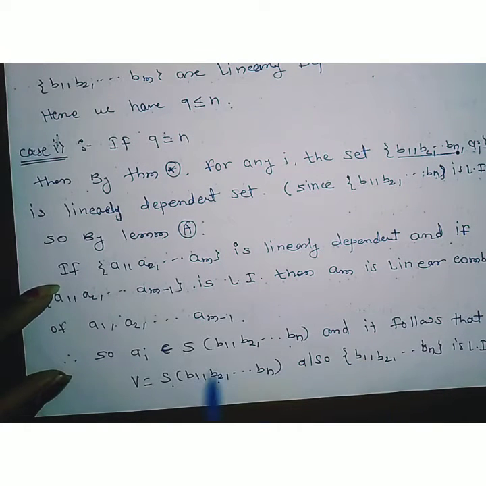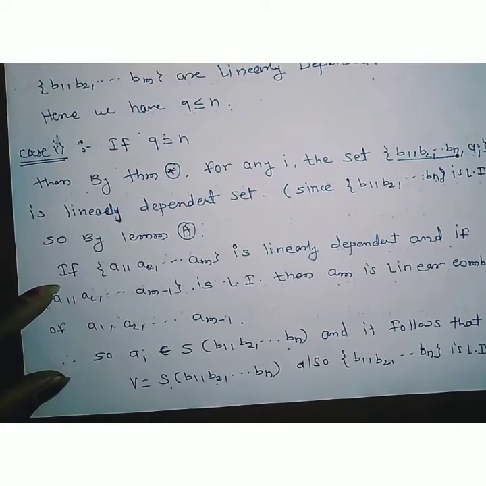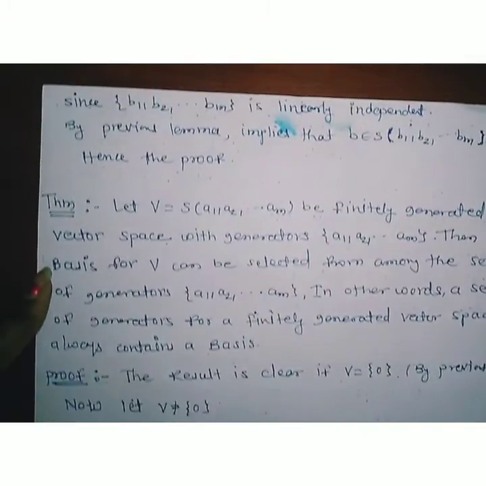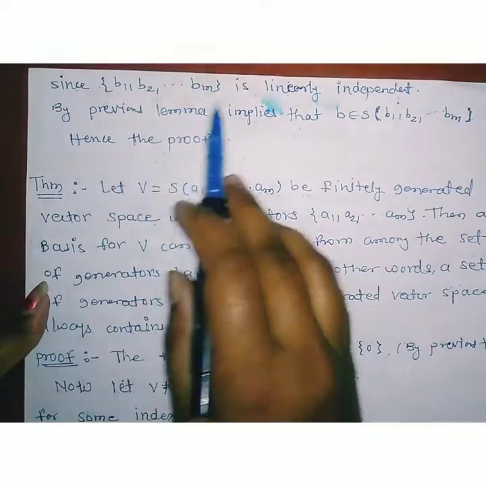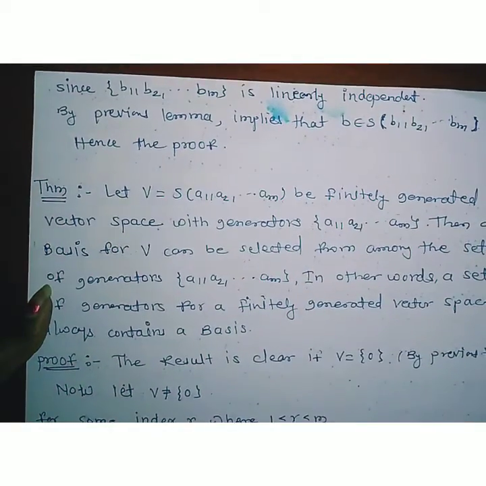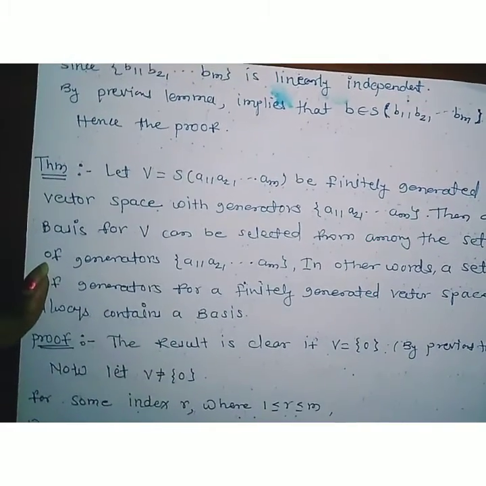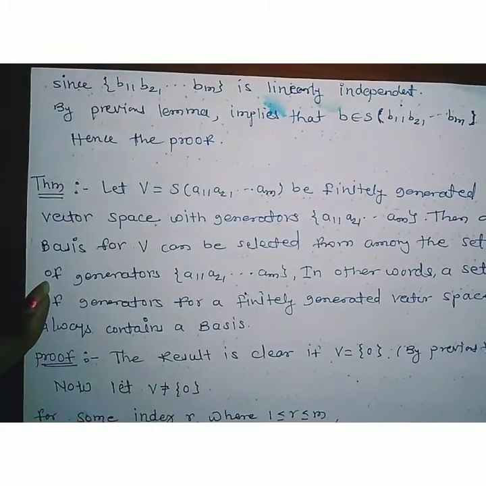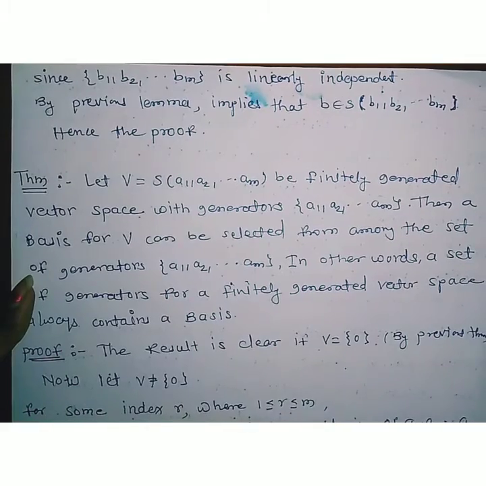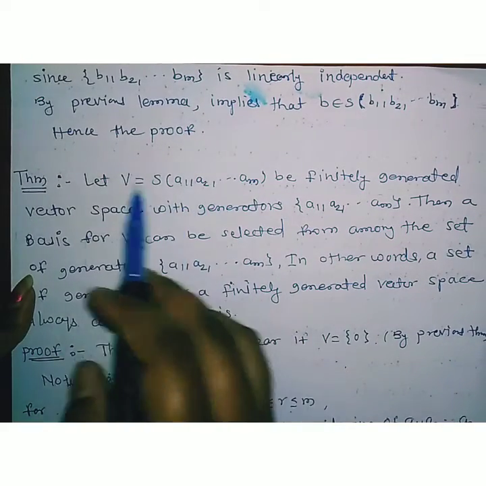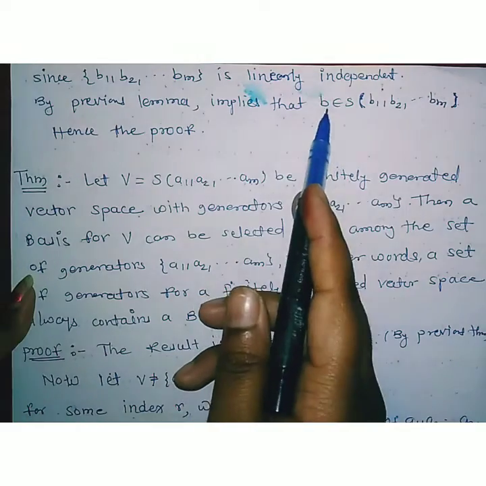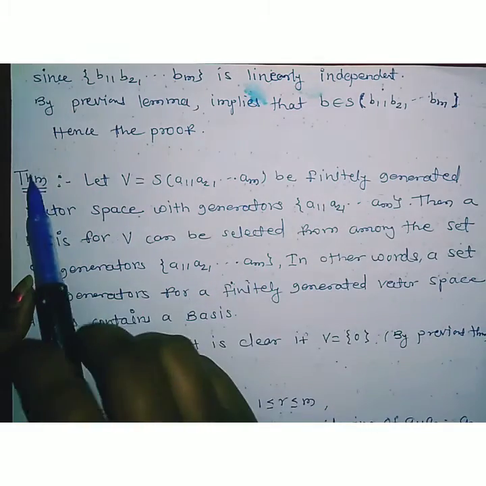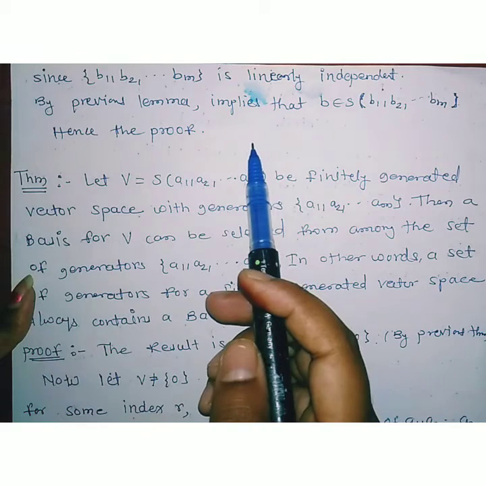As both conditions are satisfied by this set, it can form a basis for the vector space V. Hence the proof.